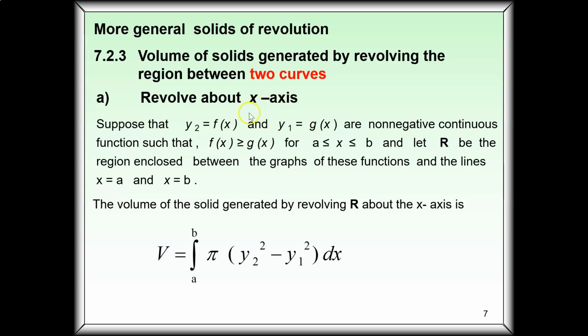So for the first one, what you need to know about the difference from the previous volumes we have learned is that this involves two curves. When it involves two curves, the region that you will get is no longer attached to the x-axis or y-axis.